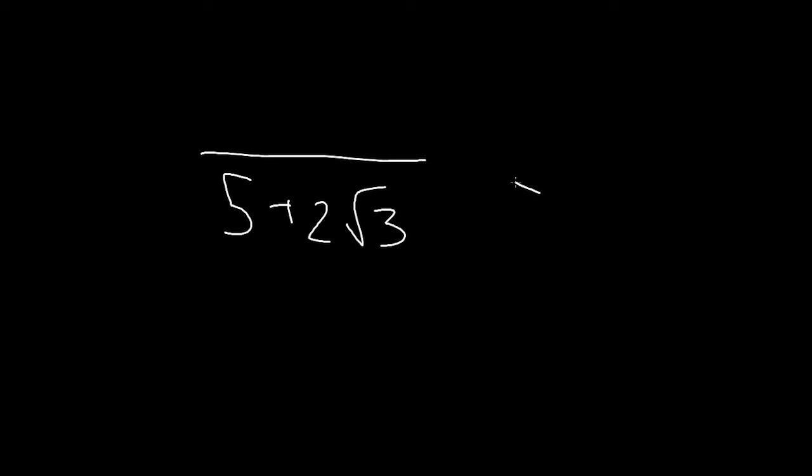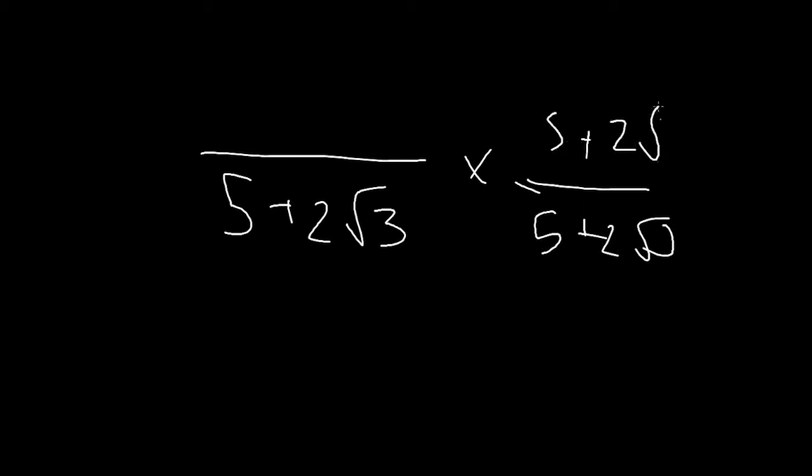Now, the trickier rationalizing the denominator questions actually have a denominator a little bit trickier. So let's just say we have a denominator that looks like this. Well, we can't simply just times it by 5 plus 2 root 3 on 5 plus 2 root 3, because that's not going to give us a rational number, is it?